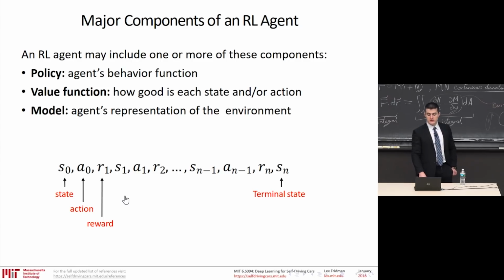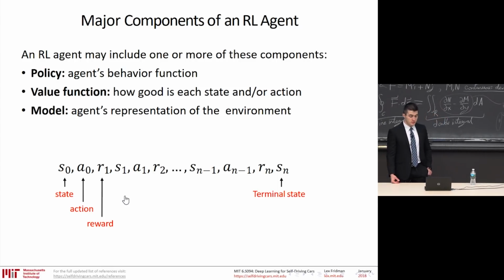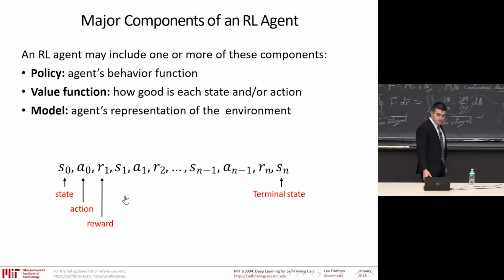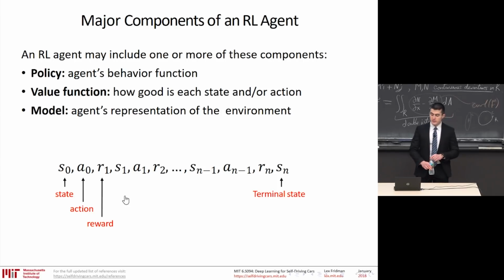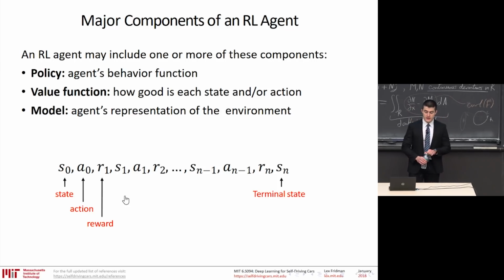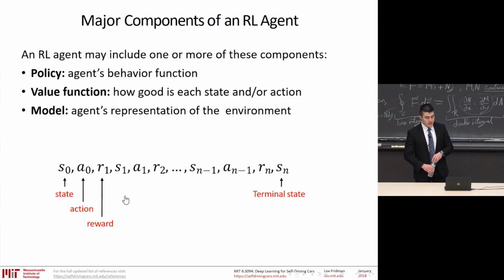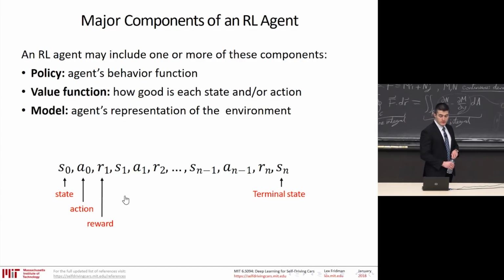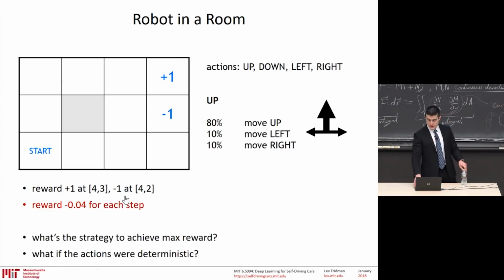And the major components of reinforcement learning are a policy, some kind of plan of what to do in every single state, what kind of action to perform; a value function, some kind of sense of what is a good state to be in, of what is a good action to take in a state; and sometimes a model that the agent represents the environment with. Some kind of sense of the environment it's operating in, the dynamics of that environment that's useful for making decisions about actions. Let's take a trivial example.